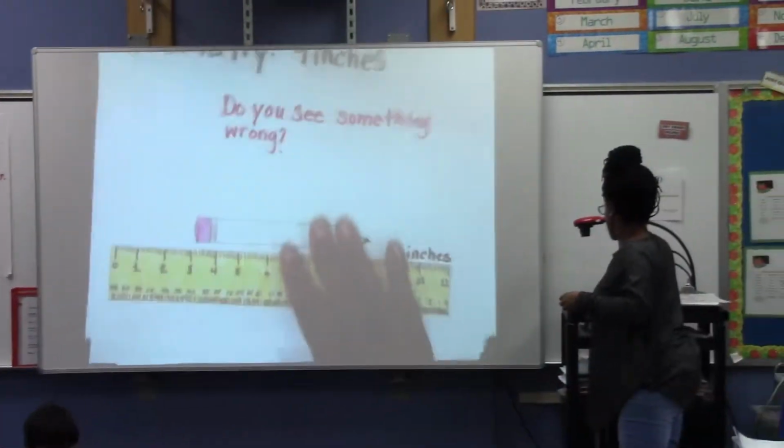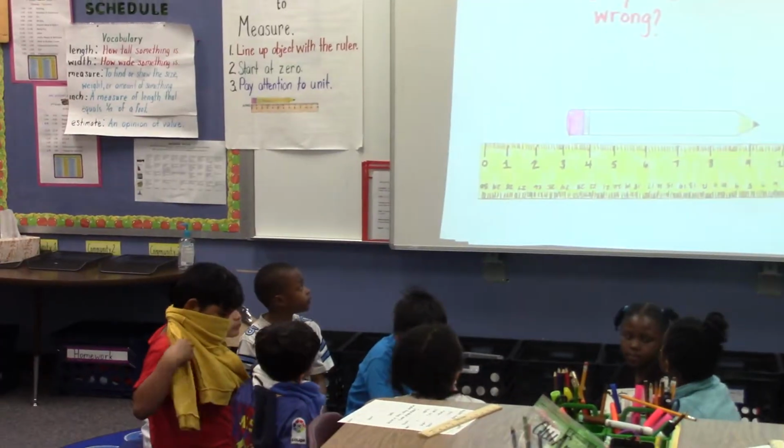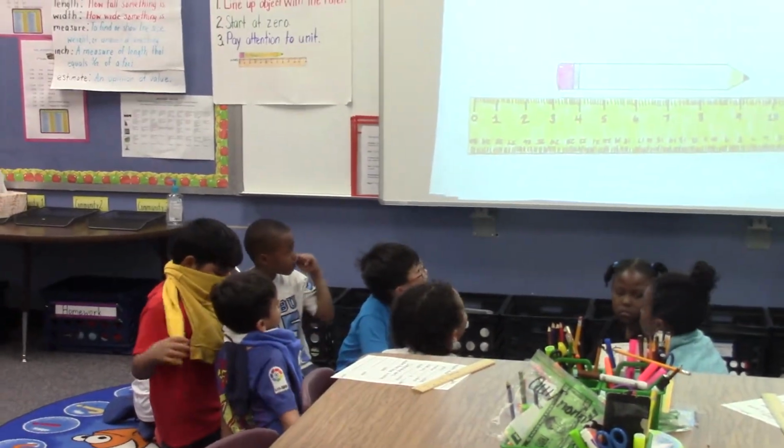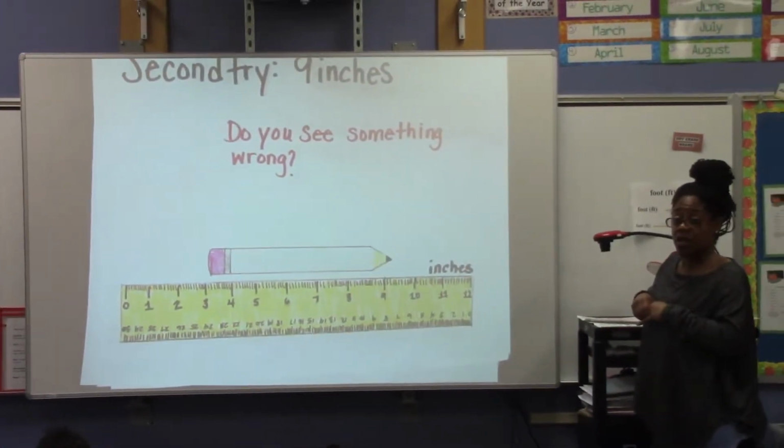All right, community 2. Diavion, please tell me what I did wrong in this picture. I didn't line my object up at 0. Like I said, I started in the middle. Yes.